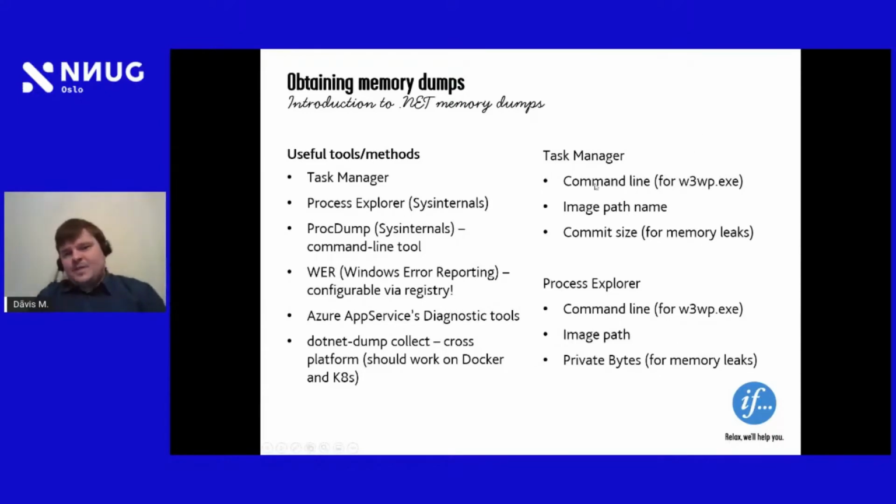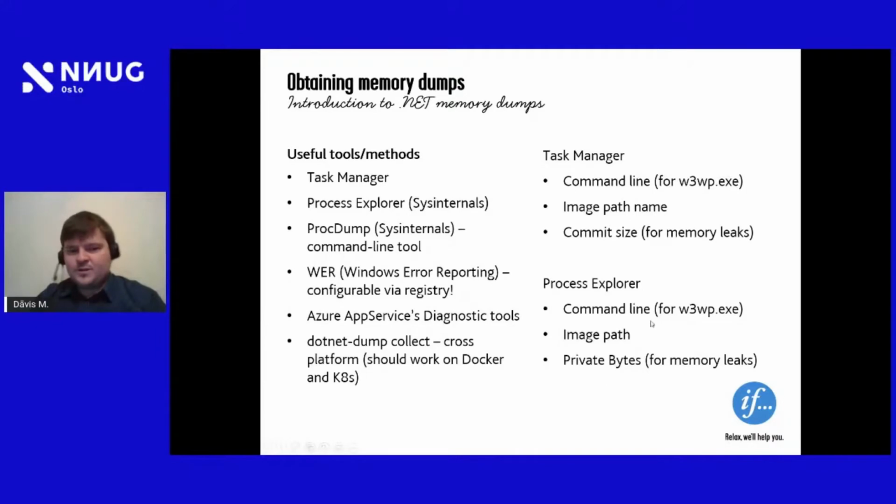And yeah, if we return to the very manual scenario, where we are taking memory dumps from just a server or a workstation, then for distinguishing different application pools, the command line field in Task Manager or Process Explorer is a relevant one, because the command line for w3wp processes contains the actual app pool name.